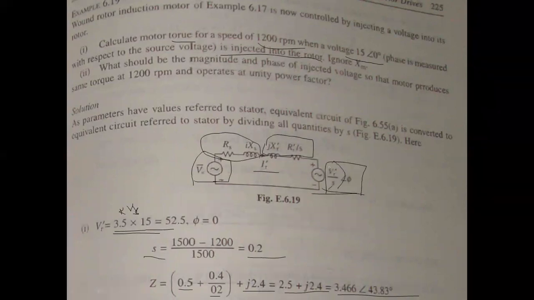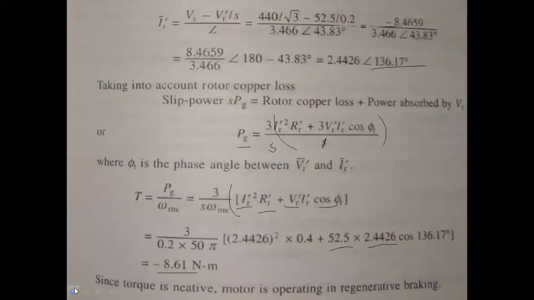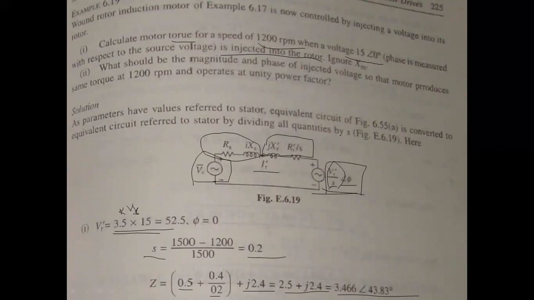What should be the magnitude and phase? This magnitude VR dash by S value is the magnitude, and phase angle alpha, so that the motor produces the same torque. So we got the torque value as minus 8.61. Okay, so at minus 8.61, what is the magnitude and phase angle so that at the same speed the same torque should be emitted?